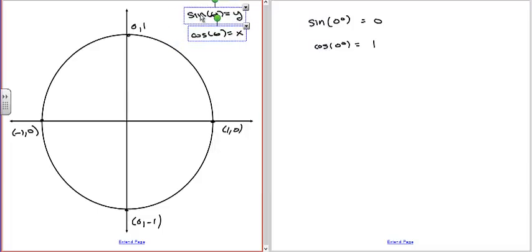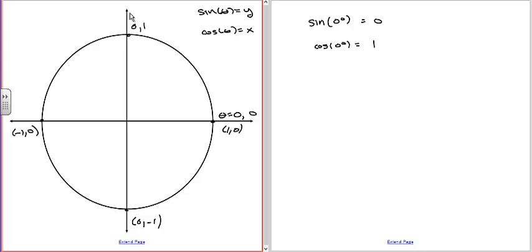Let's move those a little bit to the corner here. Okay, so once I've drawn a circle and I have put the coordinates of the intersection of the circle with the coordinate axes and labeled those, the next thing I can do is write the angles associated with the coordinate axes. So the angle here, theta, and I'm going to put degrees and then radians.